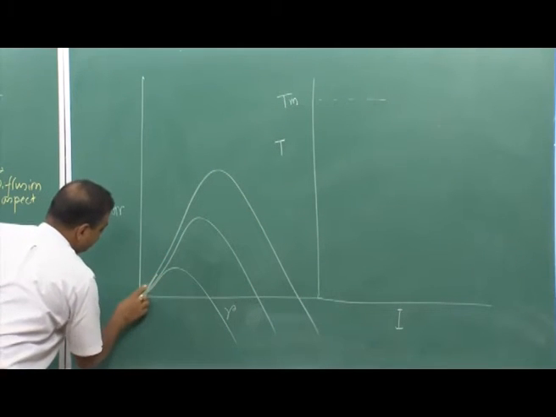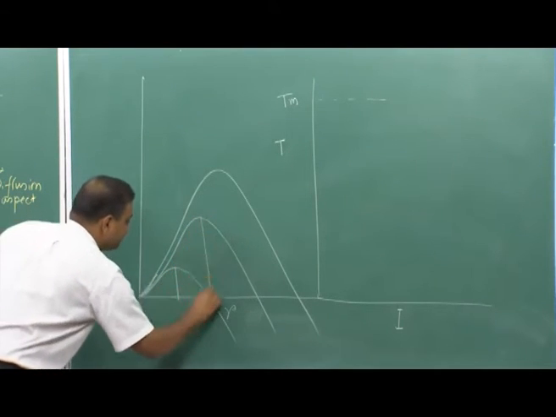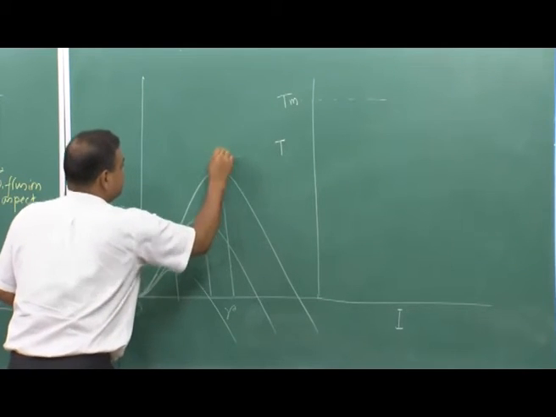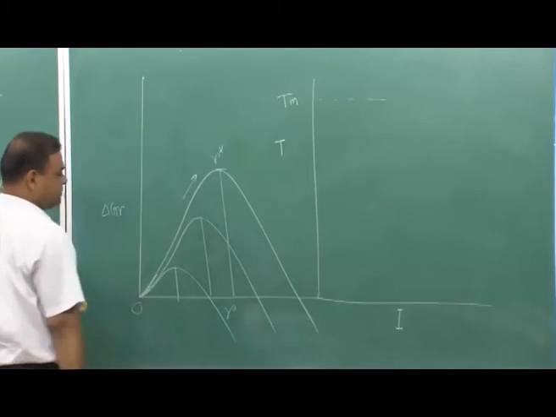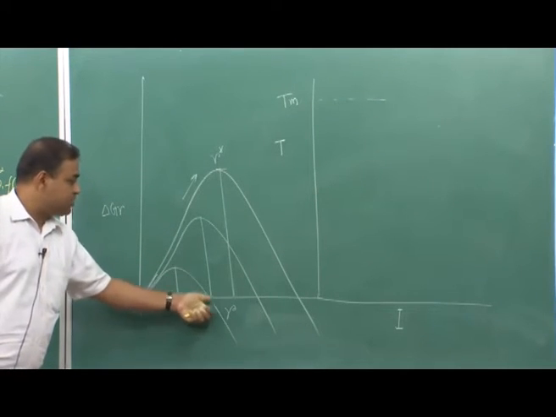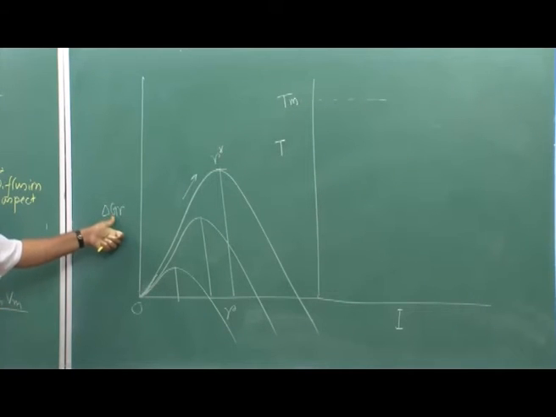All will emit from this particular zero point, and you will see that R star is gradually increasing. Now, interestingly, we have to see what would be the temperature of those delta G R plots, because a delta G R plot is at a particular temperature.